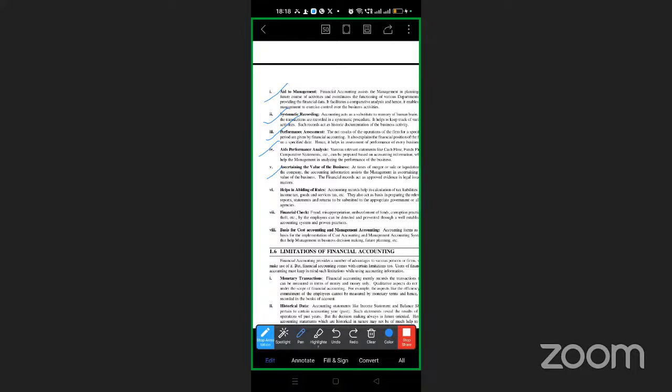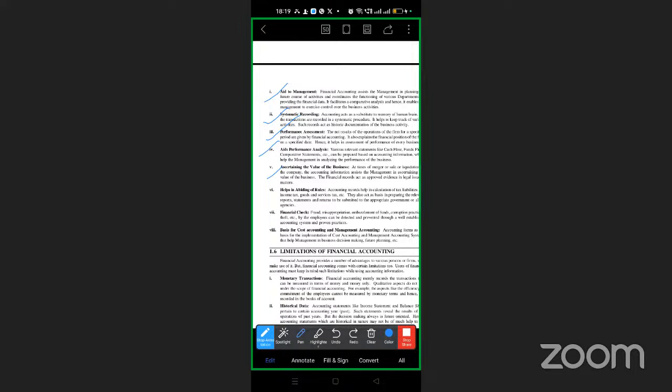It helps in ascertaining the value when you go for liquidation, meaning closing of a business, or if you want to merge one bank with another bank. For example, we have had mergers. Earlier it was SBH, now it is SBI. Earlier it was Andhra Bank, now it is Union Bank. These banks have been merged, SBH has merged with SBI.